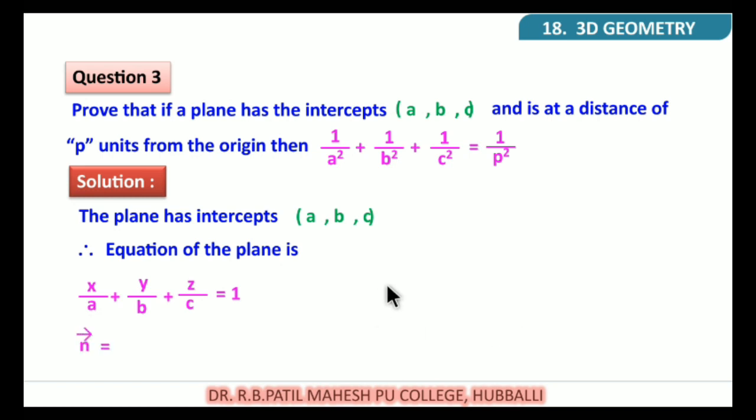Now the n vector is given by 1 by a i plus 1 by b j plus 1 by c k, and d is equal to plus or minus 1. By using this equation of the plane, we have the n vector and the value of d. For the calculation we can take d equal to plus 1.